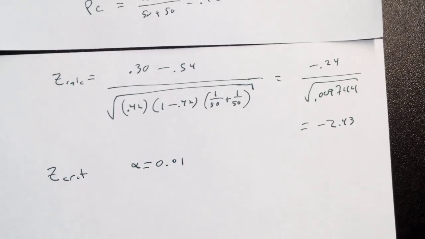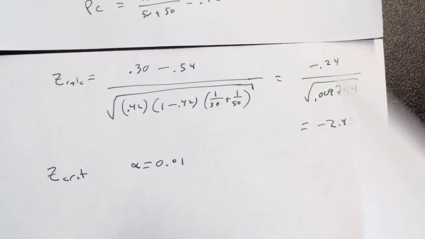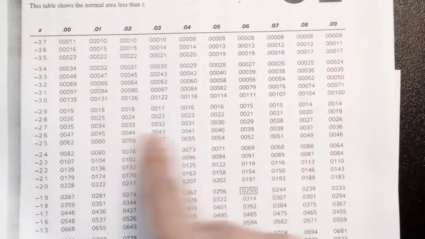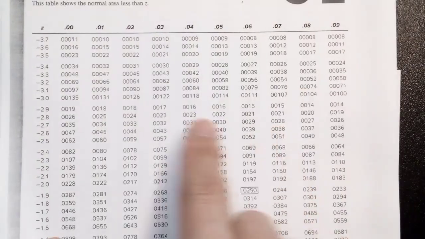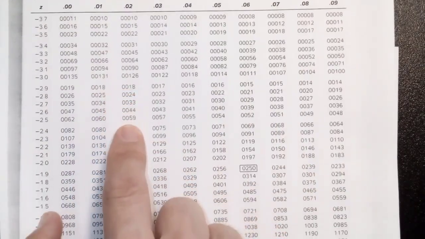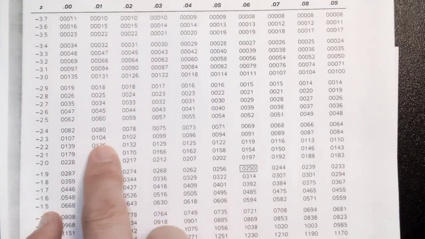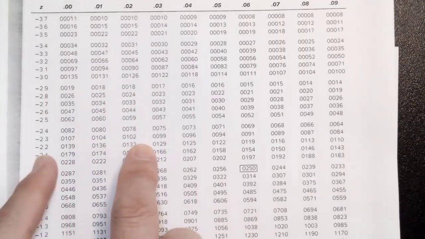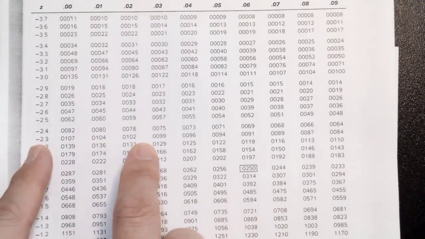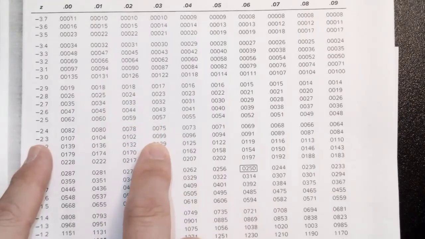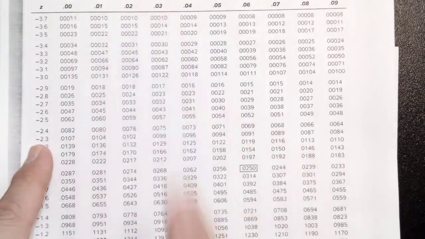So I need to go to my z table and find either 0.01 or 0.99 in the area. So that's in the middle here. Here's some 0.01s. There we go. Negative 2.33.